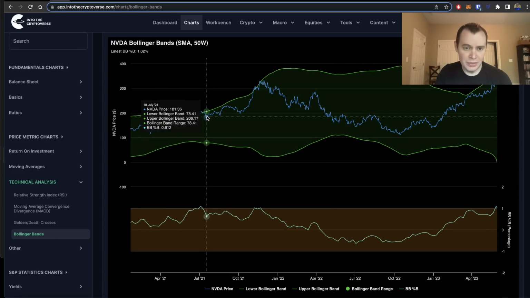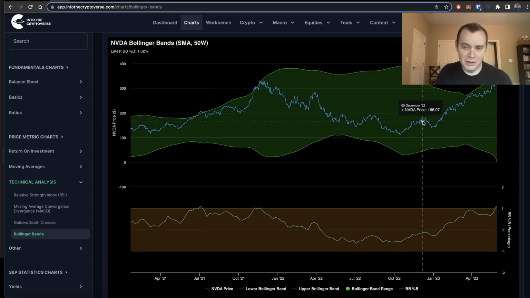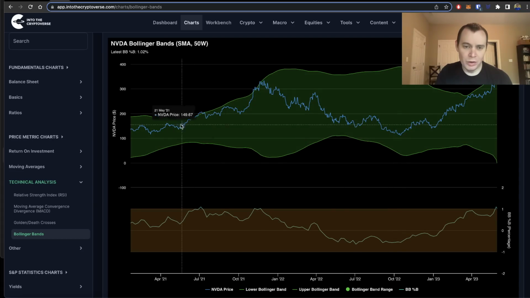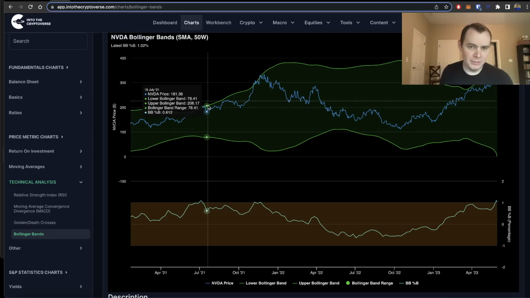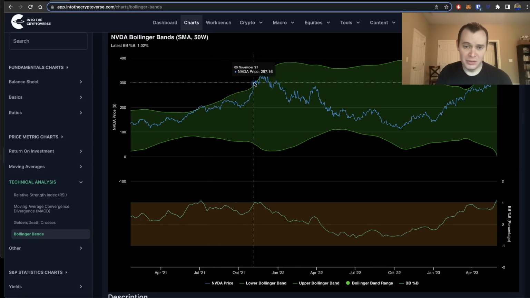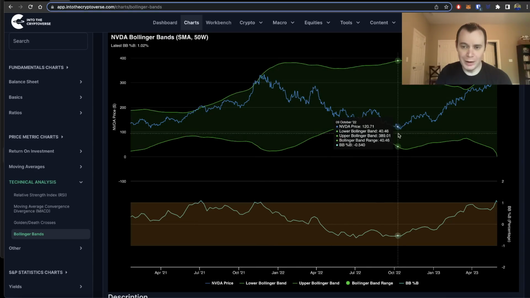It was only about a month later that it ended up falling back to around 180 or so. And then eventually, of course, it went much lower, down to around 112. Then, after it did go lower, it fell back in below 3 standard deviations from the 50-week moving average. We then saw another move up to the upside, and then, of course, the rest is history. From that point, it came down quite a bit.